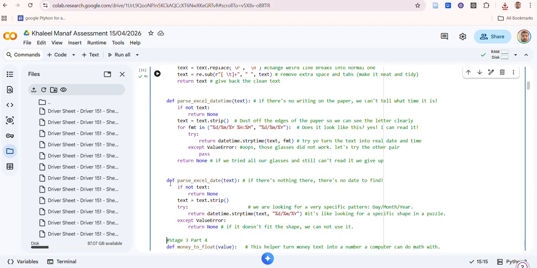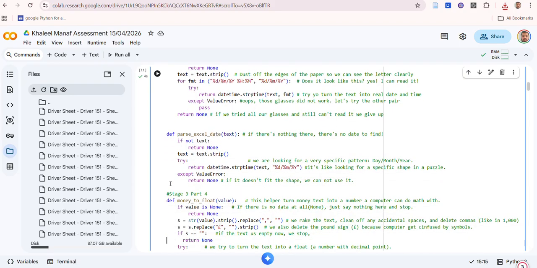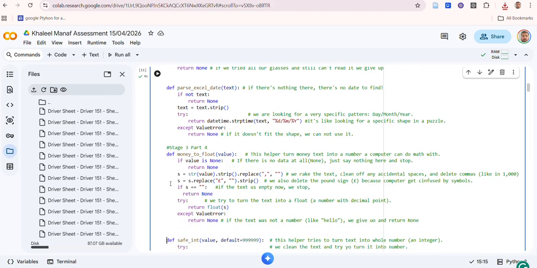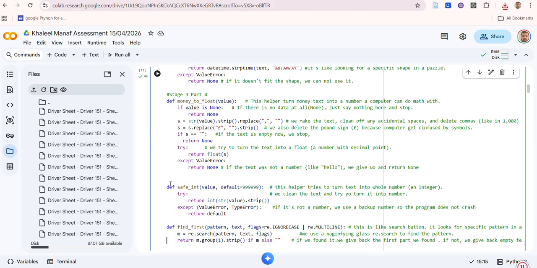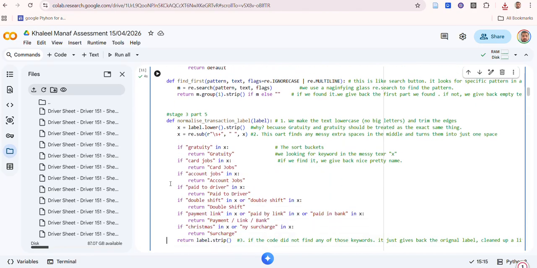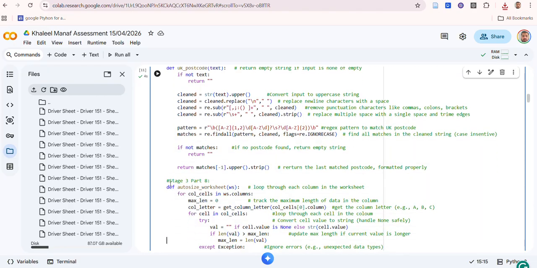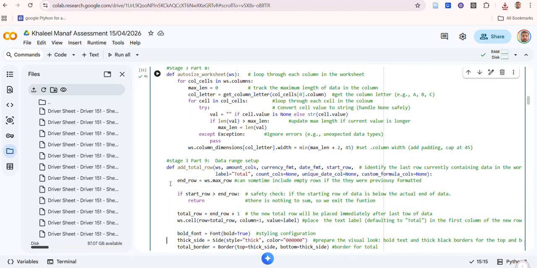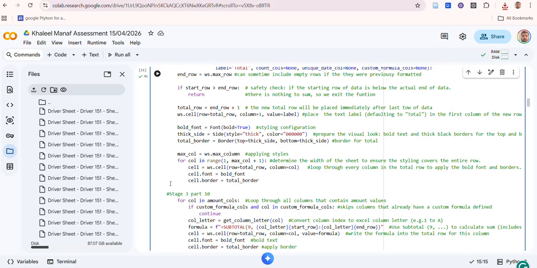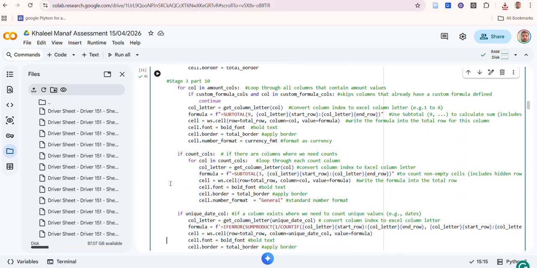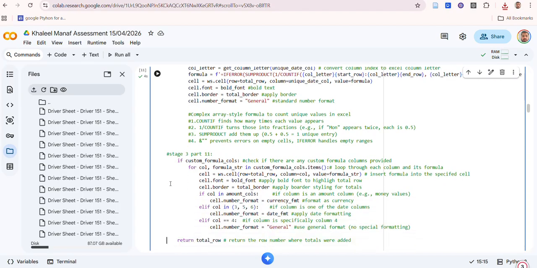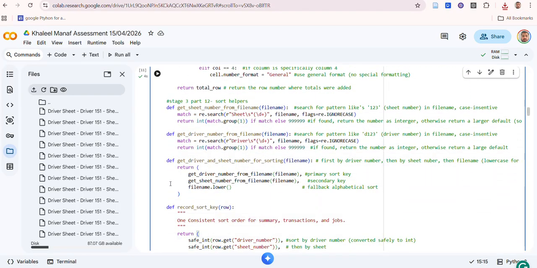I want to make sure all the parts are correct. Part four. Part five, part six, part seven. Part eight, part nine, part 10. Part 11, part 12.